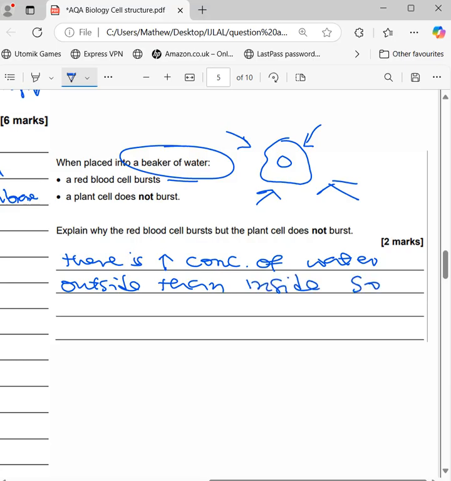So water will move into the cell by osmosis. I'll give you your first 1 mark. Now we can conclude by saying the red blood cell will absorb water and burst, while the plant cell will not burst because it has a cell wall. That would have given you your full mark.